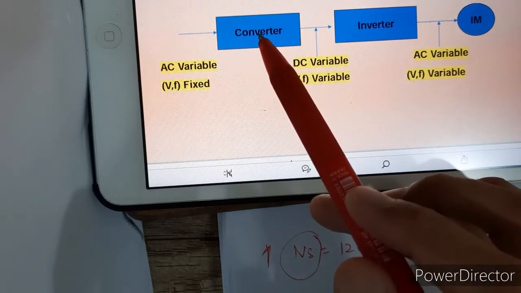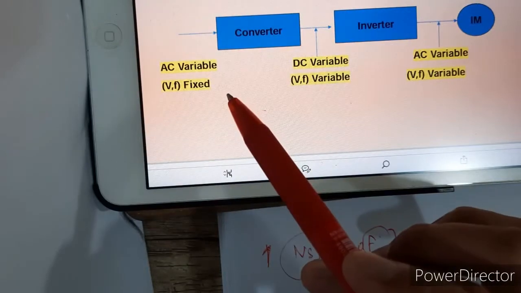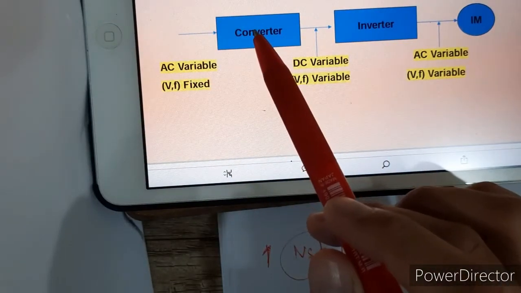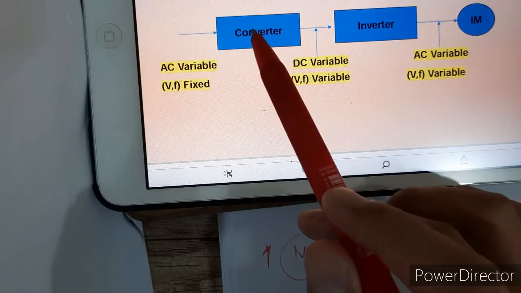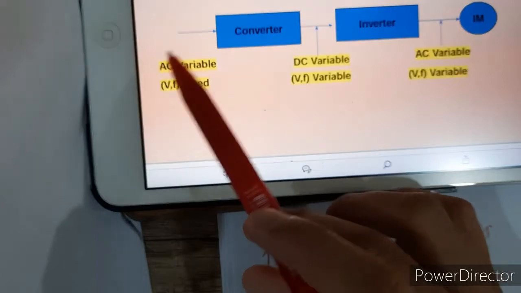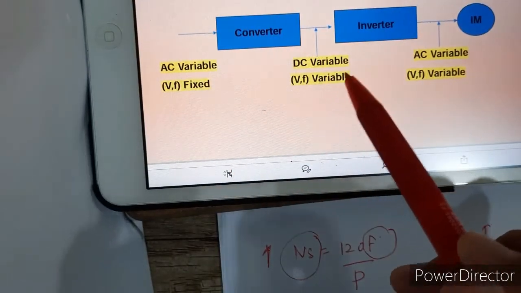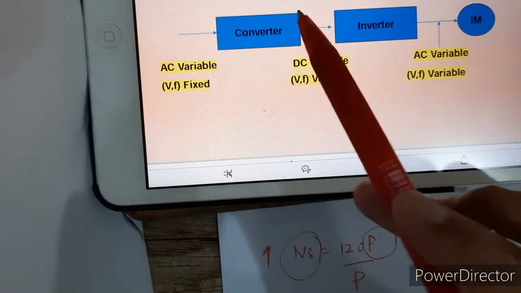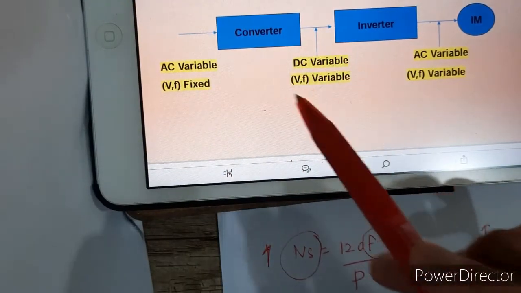The function of the converter is to convert from AC to DC. The converter used here is a rectifier, to convert the fixed AC to DC.